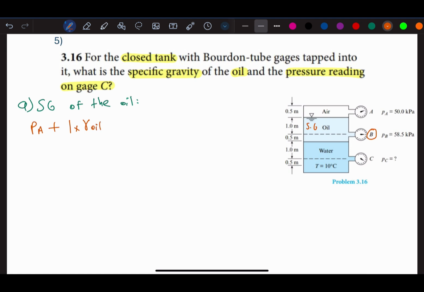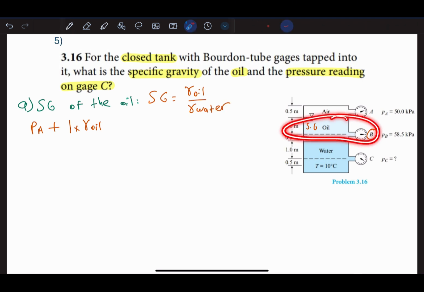The main reason for writing this equation is that we need to find specific gravity, and to find specific gravity, we can actually use this relationship, which is specific weight of oil over specific weight of water. So using these pressure relationships and equations, we can get specific weight, then we can reach the specific gravity value.